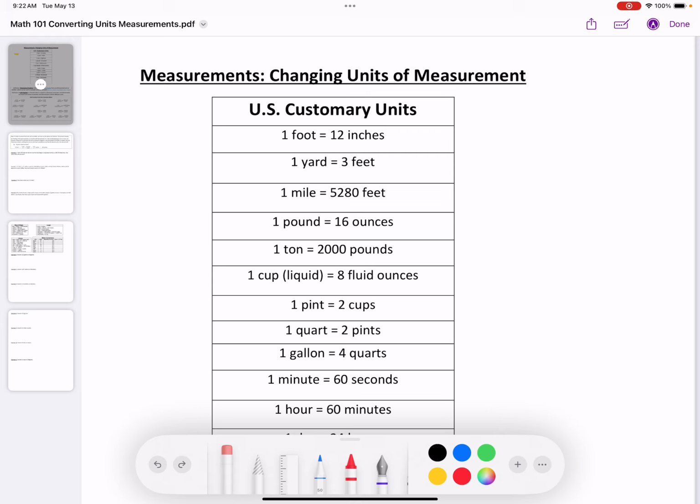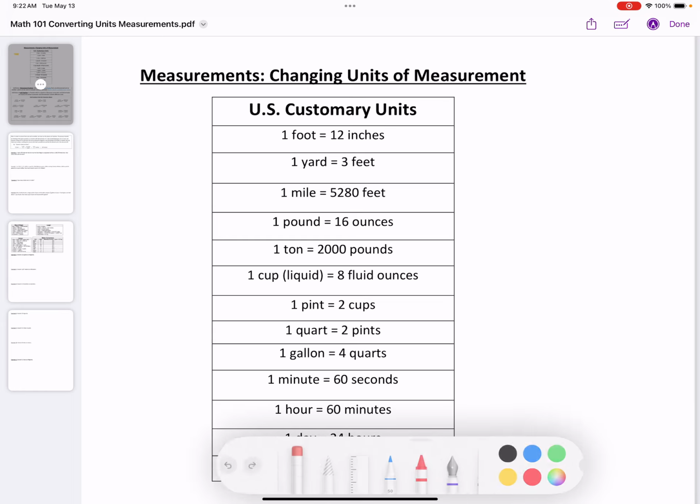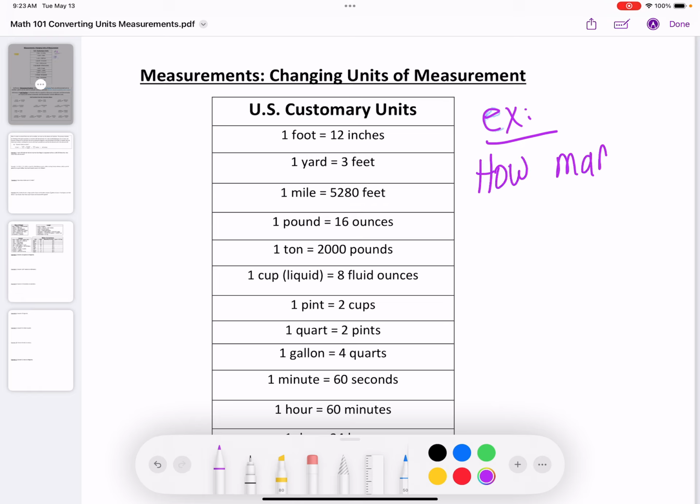You have to convert. So first of all, I know a lot of times converting is not too complicated and you just know exactly what to do. So for example, I'm just going to make one up here real quick. Like, if someone said, how many inches are in 5 feet?